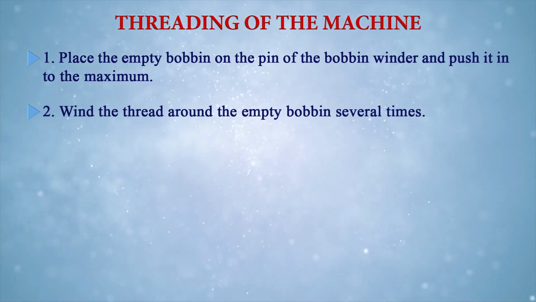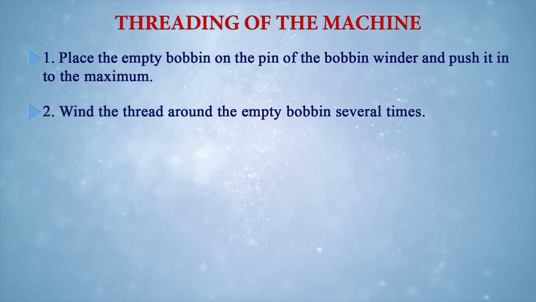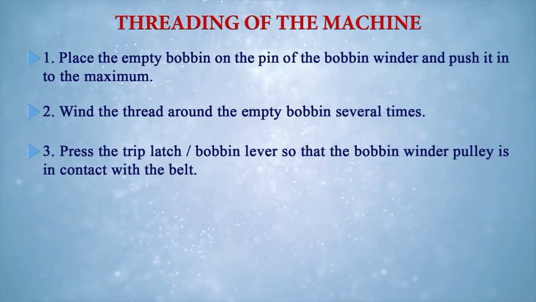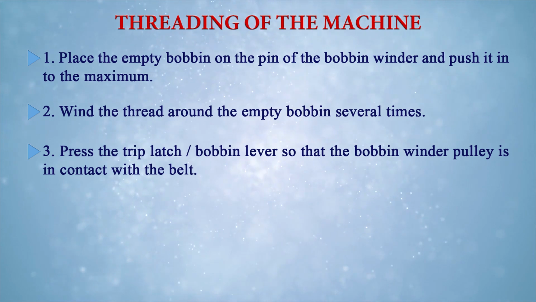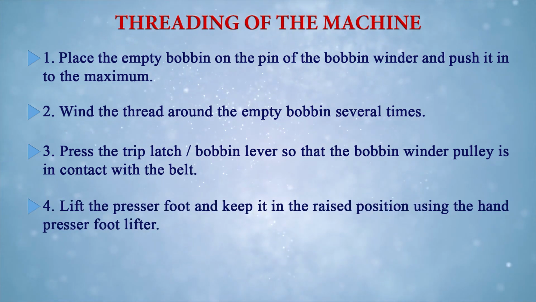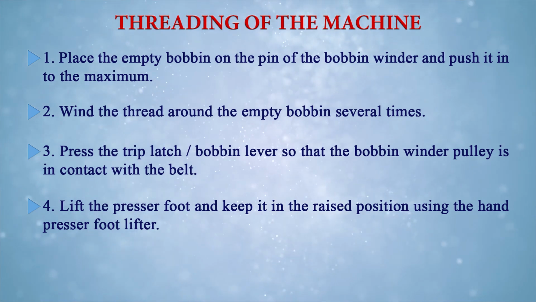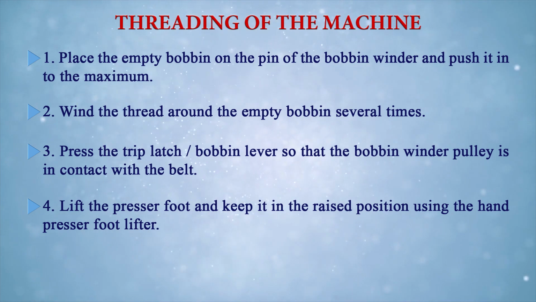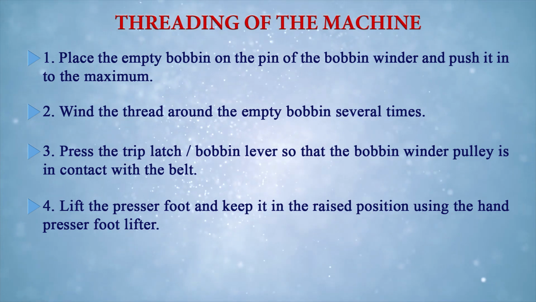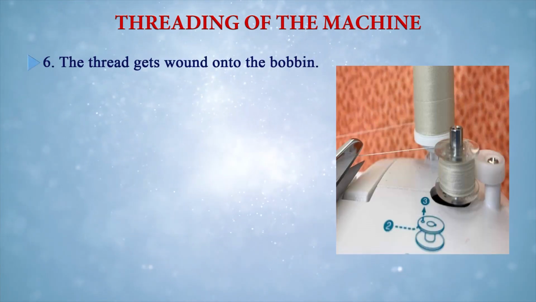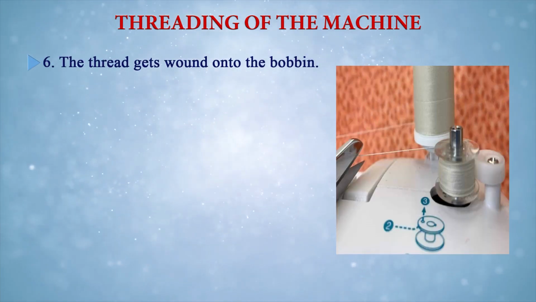Then wind the thread around the empty bobbin several times. Press the trip latch or bobbin lever so that the bobbin winder pulley is in contact with the belt. Then lift the presser foot and keep it in the raised position using the hand lifter or the foot lifter. Then start the machine and press the pedal. Then the thread gets wound on the bobbin.